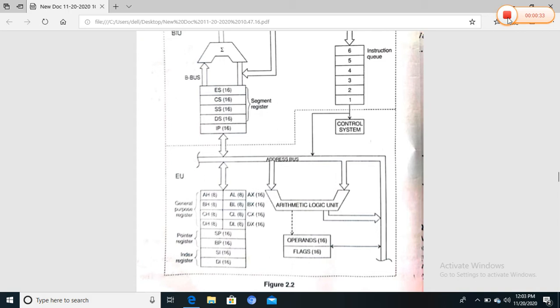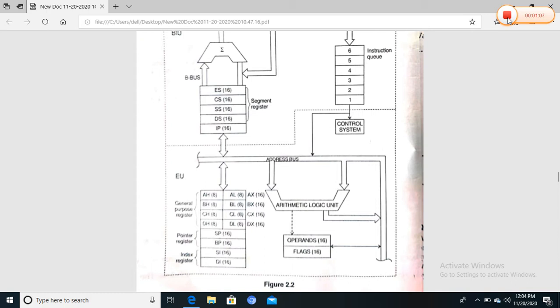The EU contains the control circuitry to perform the various internal operations. The execution unit consists of the ALU, that is the arithmetic logic unit, then general purpose registers, pointer register, index register, operand register, flag register, and segment register. These are all in the execution unit.